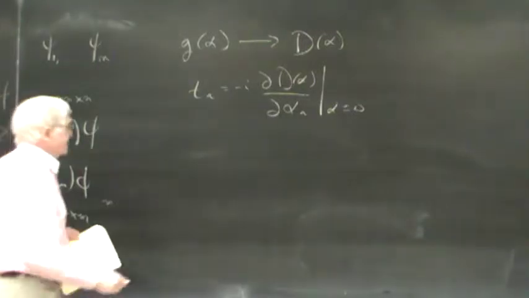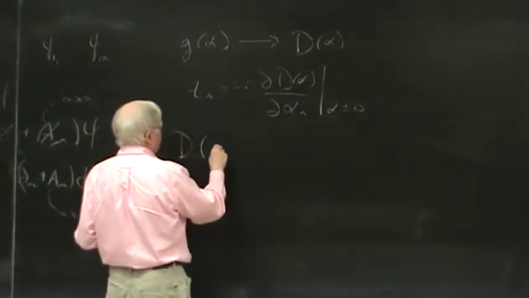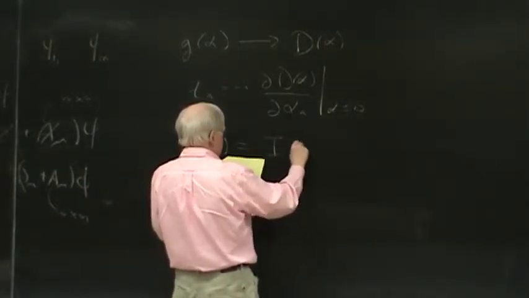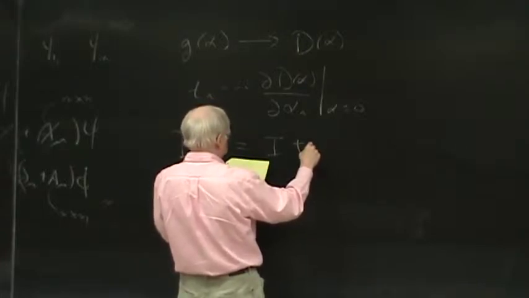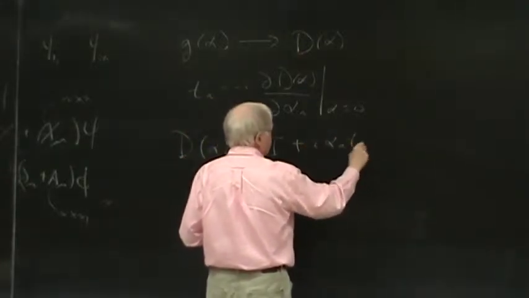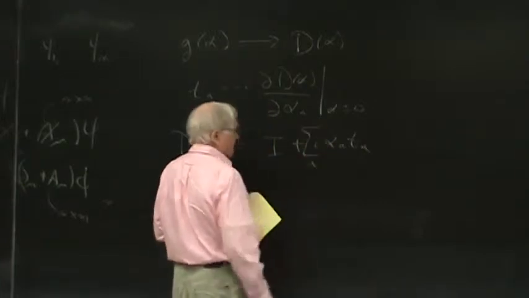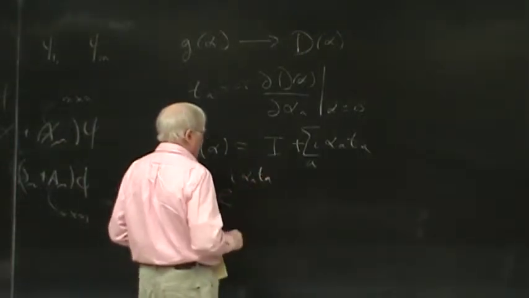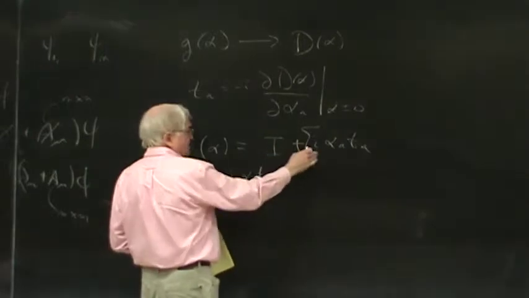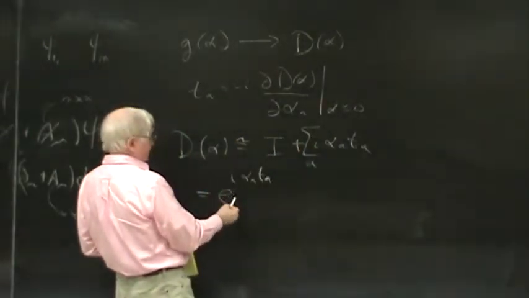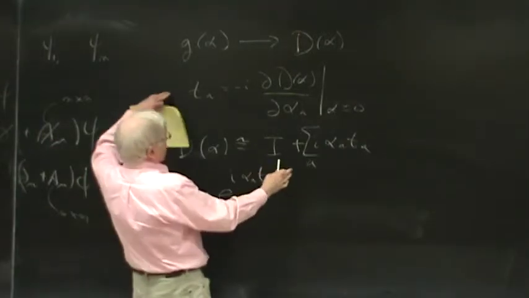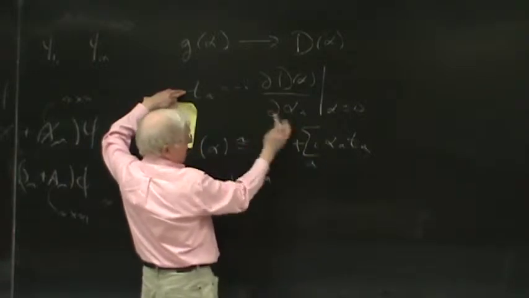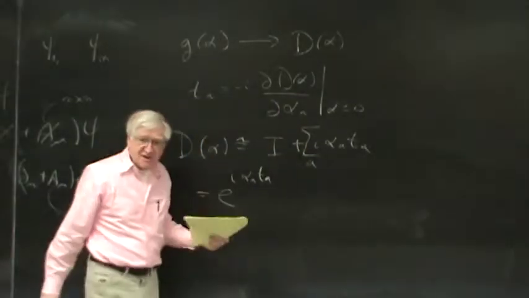The idea here is that D of alpha, the small alpha, is the identity plus i alpha_A T_A summed over whatever these A's happen to be. In other words, D of alpha is e to the i alpha_A T_A. And when the alphas are really small, you can expand this way. Again, when you take the derivative at alpha equals 0, you're talking about small alphas, and then the i's cancel, and you get the generators by differentiating that.